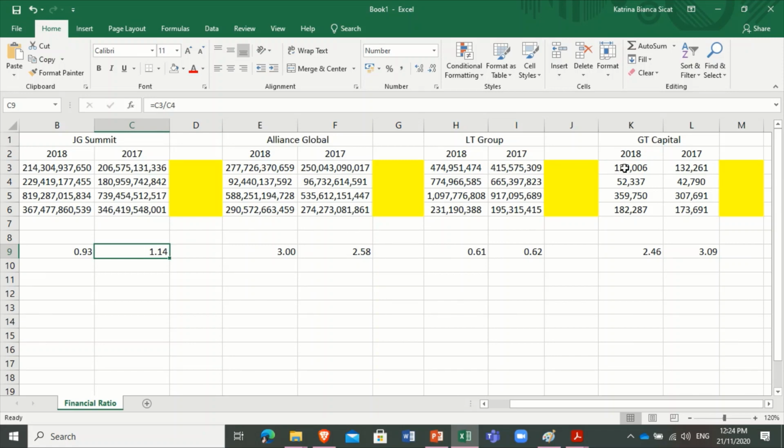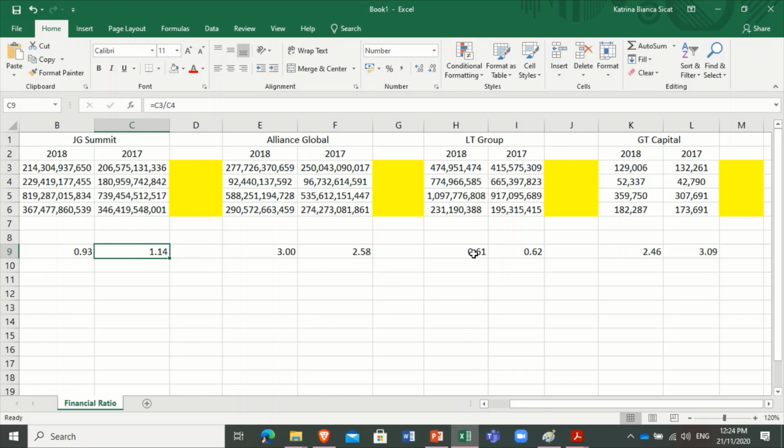Although in terms of capital, in terms of assets, mas kokonte kasi million lang to, 129 million as compared to the billion that the Alliance Global has. Okay, so we know that both Alliance Global and GT Capital are very much liquid as compared to their other holding firms, such as JG Summit, no, 0.93 and 1.14.